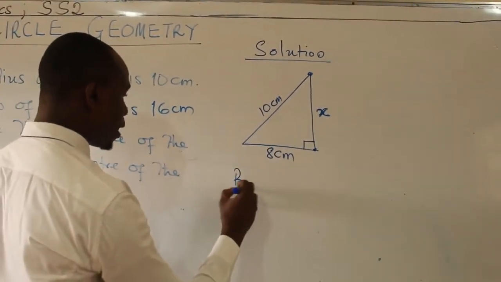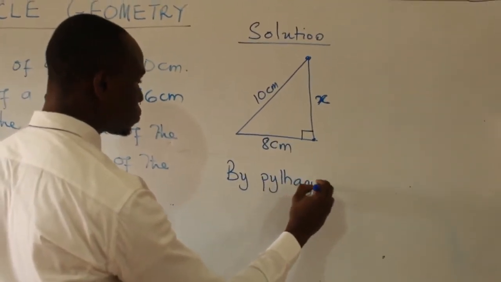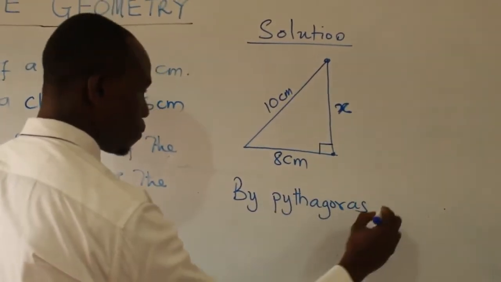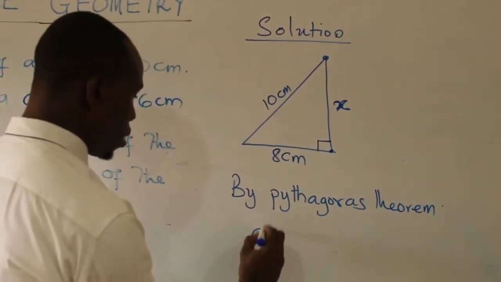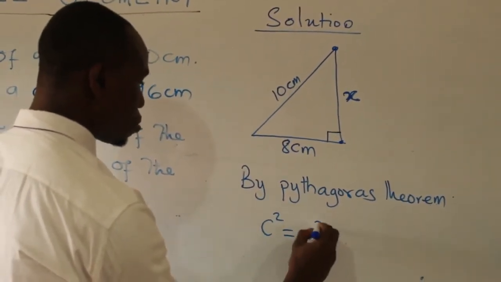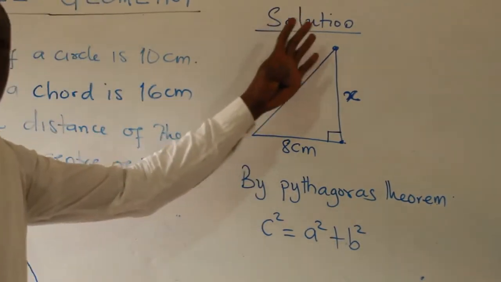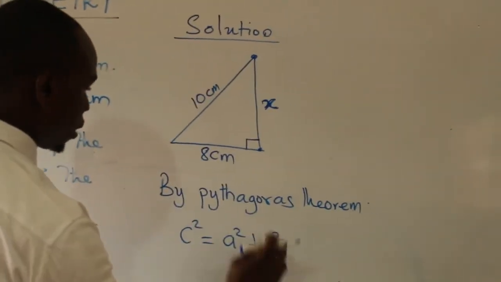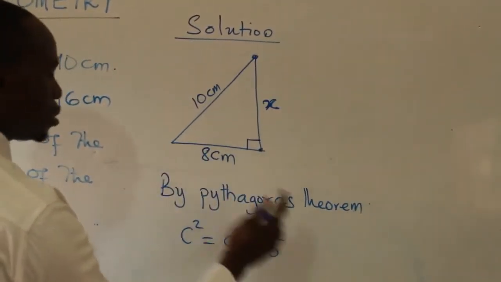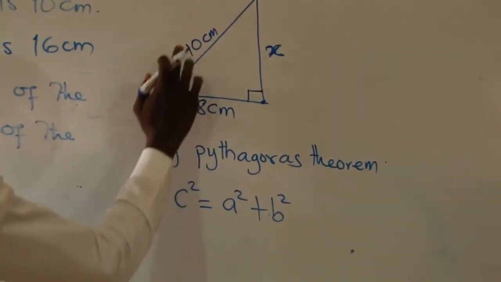So I say by Pythagoras theorem, c squared is equal to a squared plus b squared. We can always use this Pythagoras theorem when we don't have letterings for the triangle. So the c is the hypotenuse.